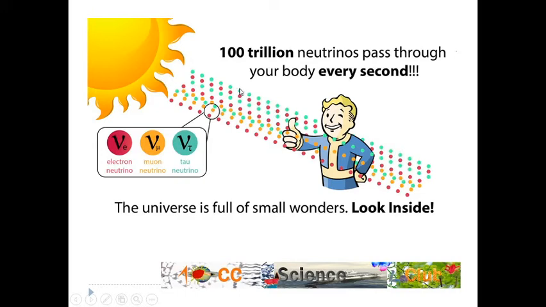It's a subatomic particle, but much smaller even than an atom, it's electrically neutral, and it just passes through us. So even while you are watching this and I'm making this video, trillions of neutrinos are passing through us. So, wonders of the universe.